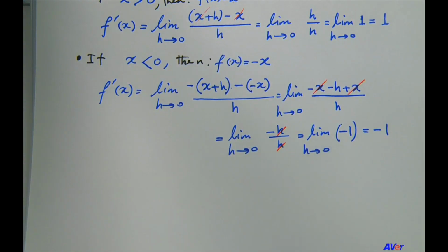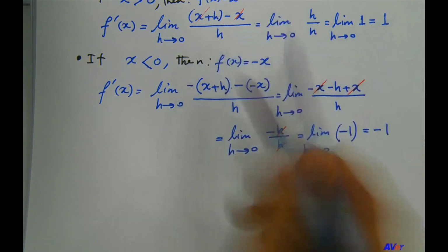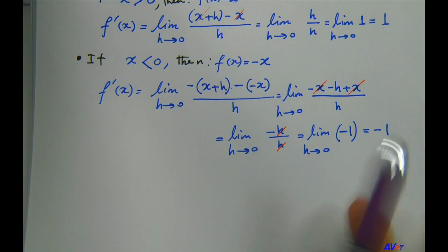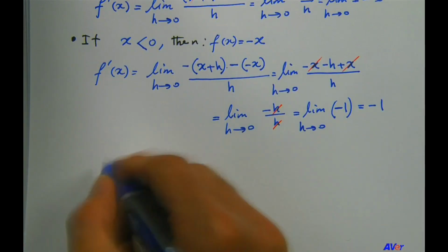Right? So for each portion of the absolute value, we had to differentiate the function for each case, when x is greater than 0 or x less than 0, and we get, of course, two different values. So what do we end up with? We end up with this result.